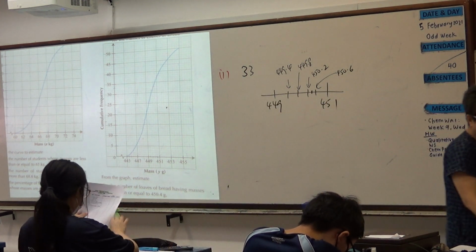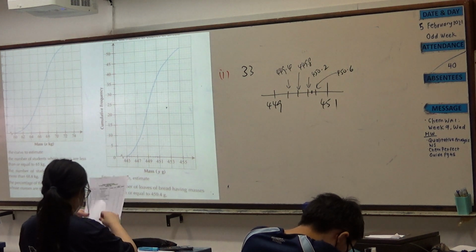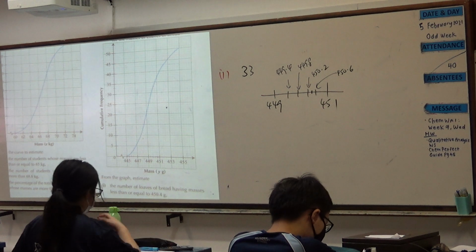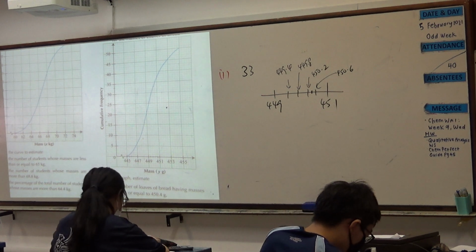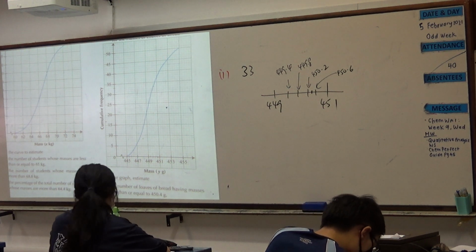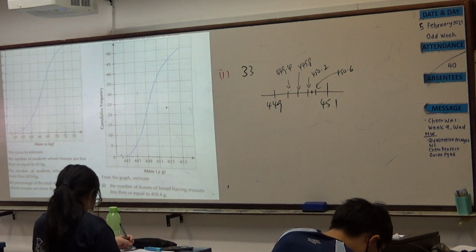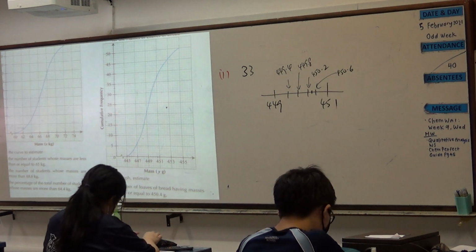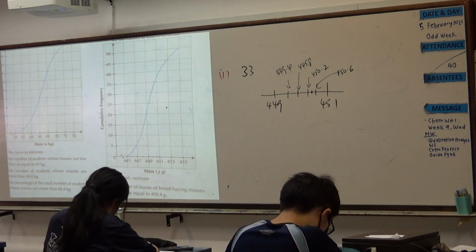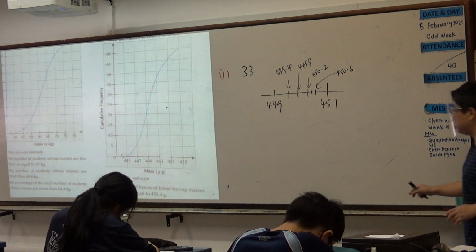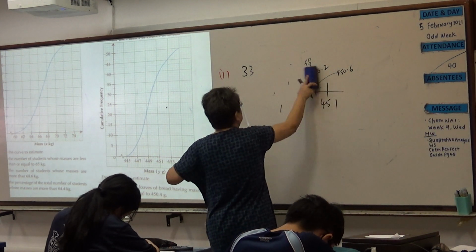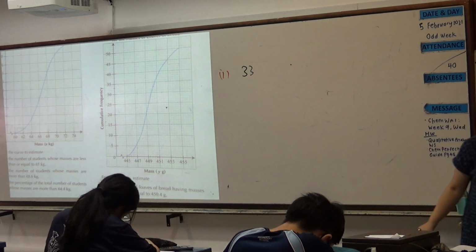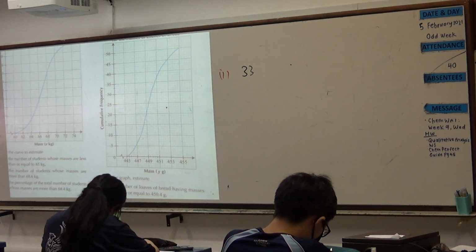Alright, next question. The number of loaves of bread which are rejected because they are either underweight or overweight. Given that the loaf is underweight if its mass is 446.2 gram or less, and overweight if it is more than 453.6. Okay, what does it mean? First, I want to see the underweight one.